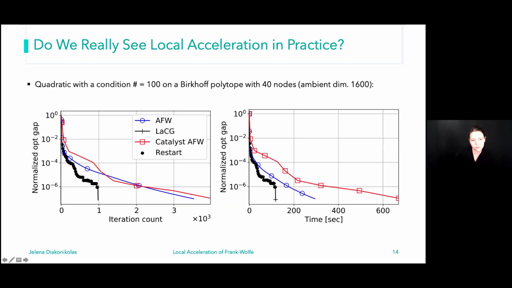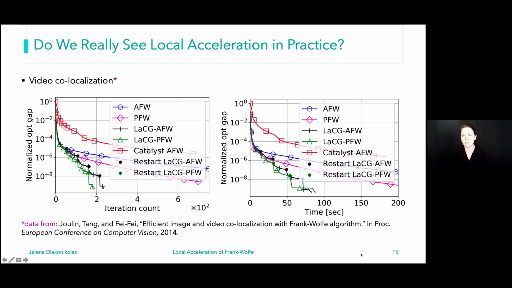And now the iterations are more expensive. So you could say, oh, in terms of time, I still wouldn't gain. It turns out you would, because the convergence is so much faster that you actually do see it also in terms of time. And that may seem like, okay, that's not a real example, we could have cooked it, but here is an example with real data and even more algorithms.